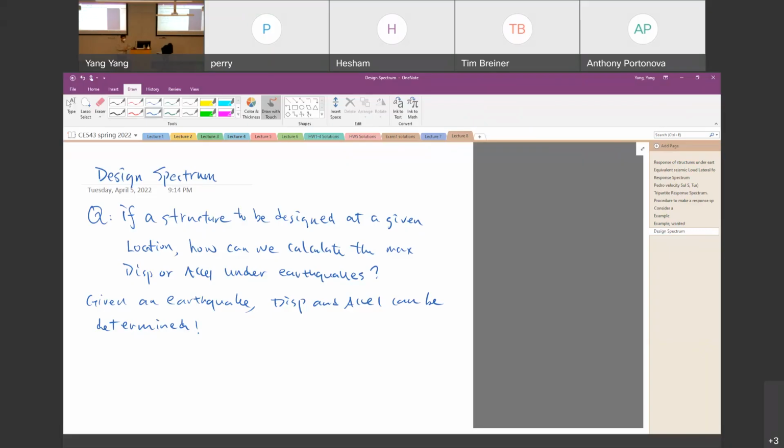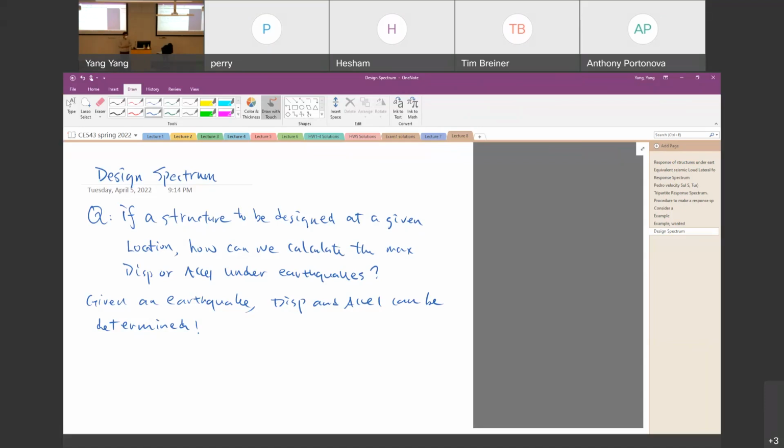So yes, maybe conservative. So probability, yes, you need to consider the probability. So for different types of structure, you need to consider different levels of earthquakes. For example, for hospitals, schools, or some important infrastructure such as a power plant, you may have to consider the maximum. And for some residential buildings of less importance, you can consider a lower level of earthquake intensity.